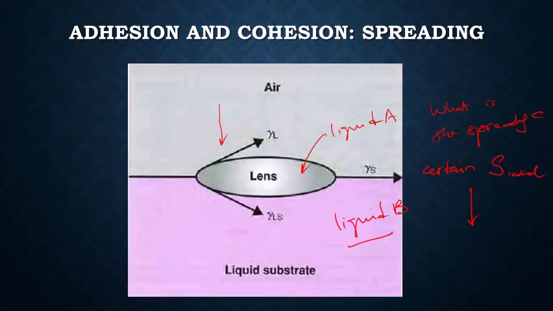And if you leave it on top of this liquid B after equilibrium, it will have what you call a final spreading coefficient after equilibrium. It might not be the same as the initial.